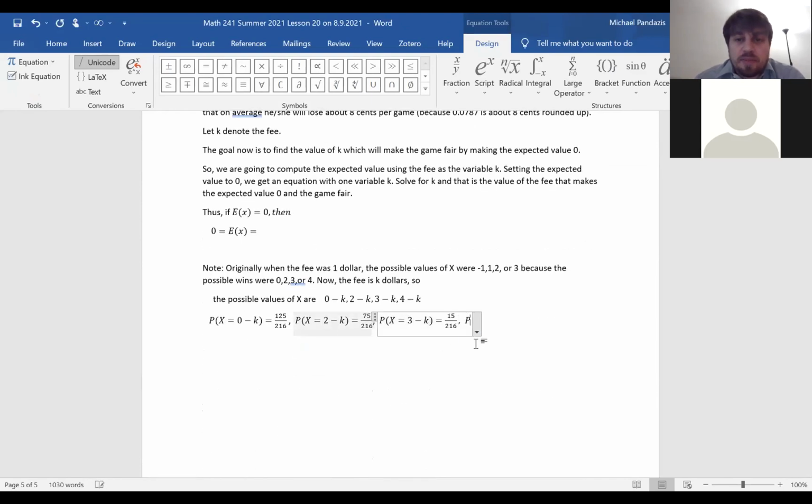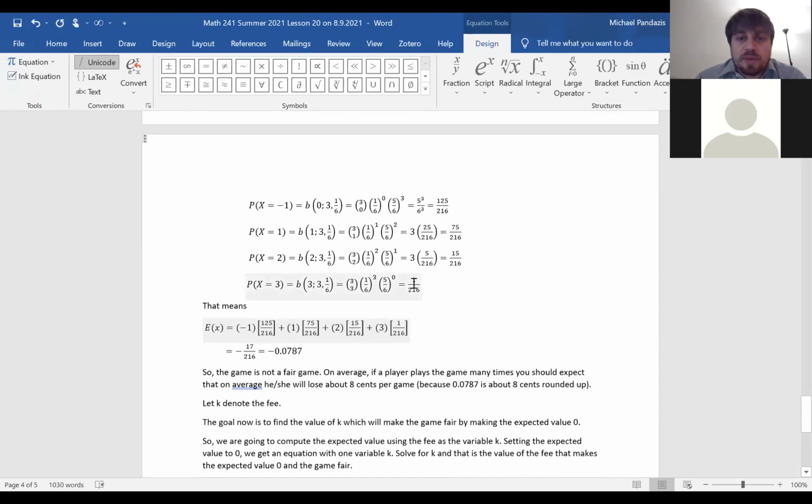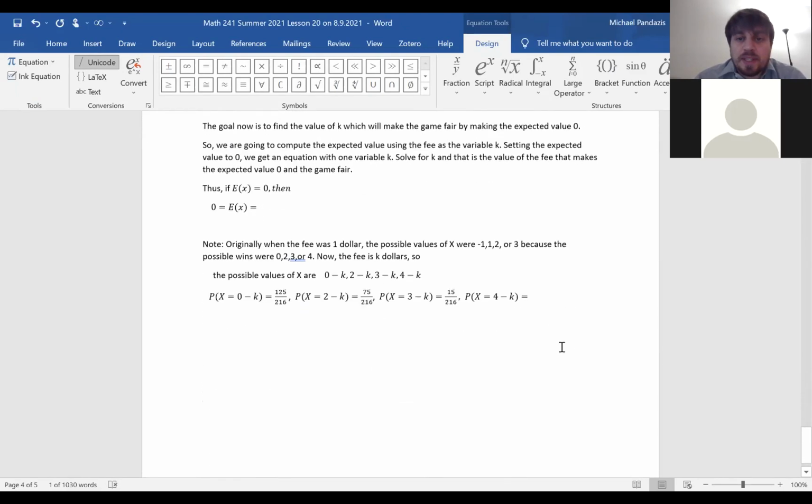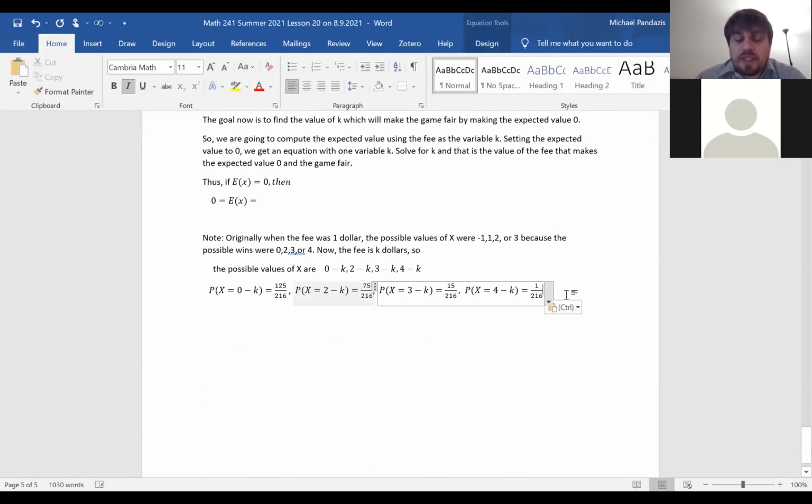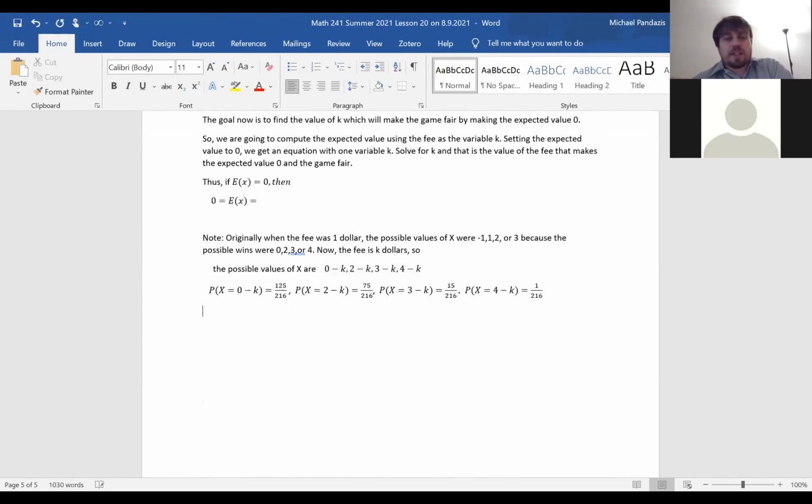And last, the probability that X is equal to 4 minus K corresponds with the probability that X was equal to 3 earlier, which was 1 over 216. So we still have these corresponding probabilities for each of the possible values of X. All that changed was the net gains. Okay, and so then 0, this is all in the note here.